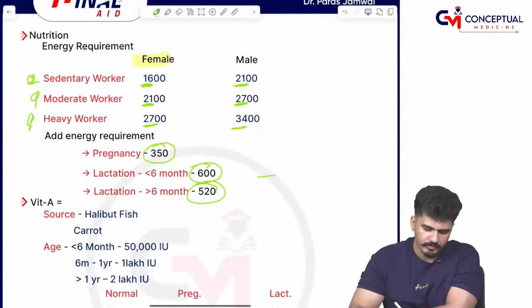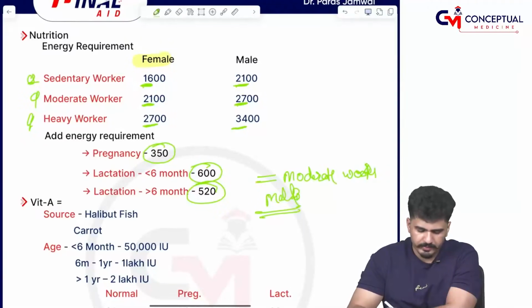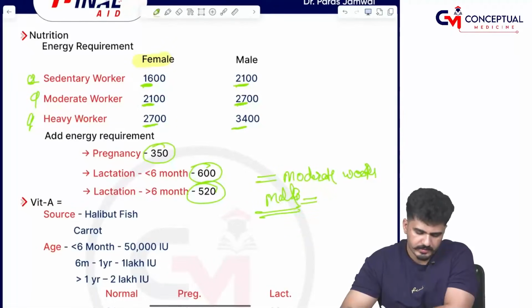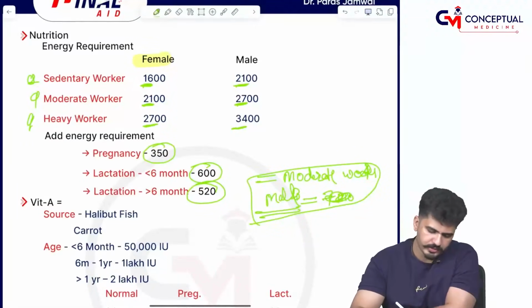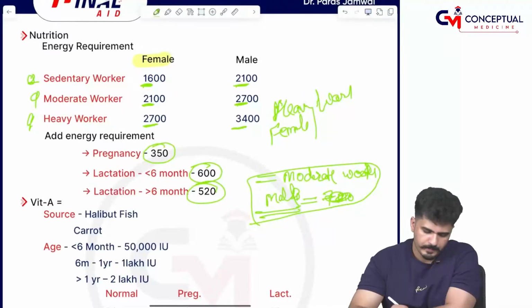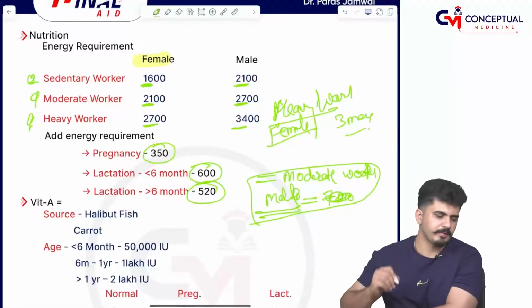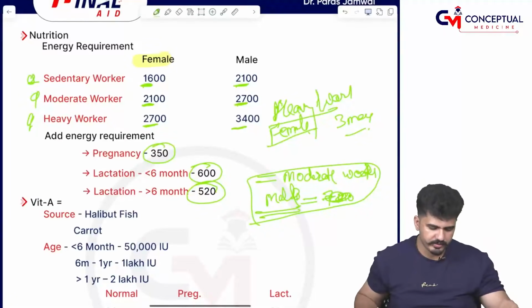Can you calculate the energy required for a moderate worker male, and also for a heavy worker female who is 3 months pregnant? Both calculations, please write in your chat box.